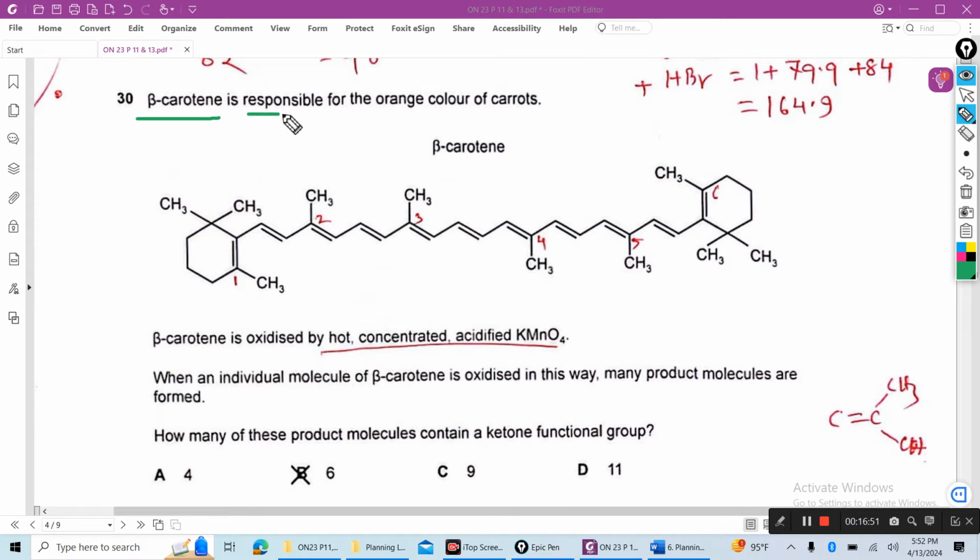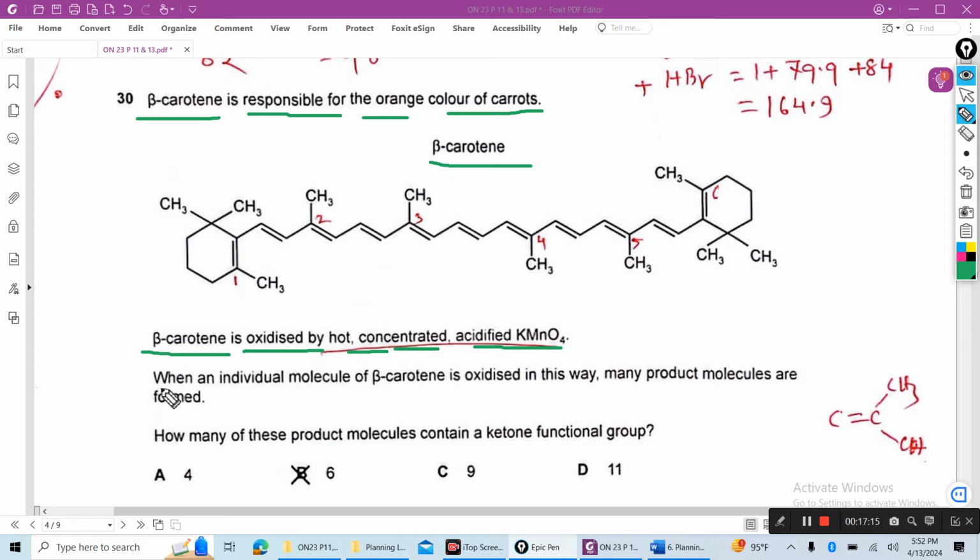Beta-carotene is responsible for the orange color of carrots. Beta-carotene is oxidized by hot concentrated acidified potassium permanganate, and you know acidified potassium permanganate oxidizes to produce different products: carbon dioxide, carboxylic acid, and ketone.